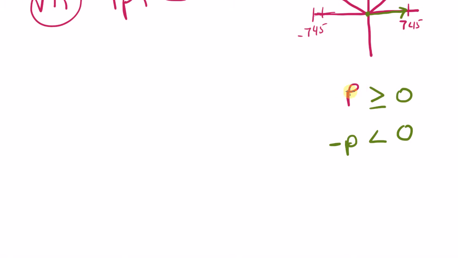So pick a number, pick 2. If I input 2 for p, 2 is greater than 0, so the answer is just 2. If I pick negative 2, and I plug negative 2 in for p, because it's this case, right? I'm going to get a positive 2.